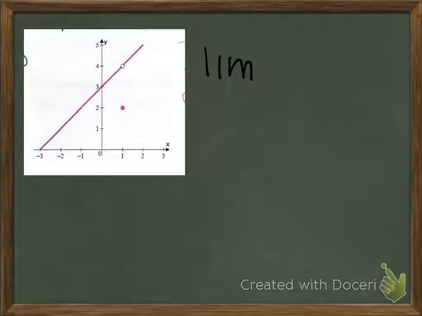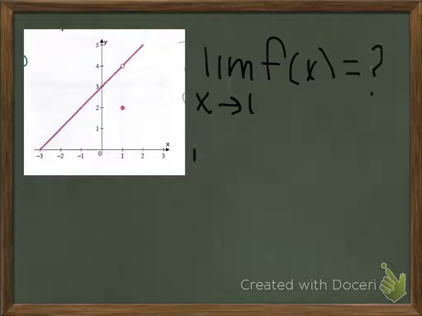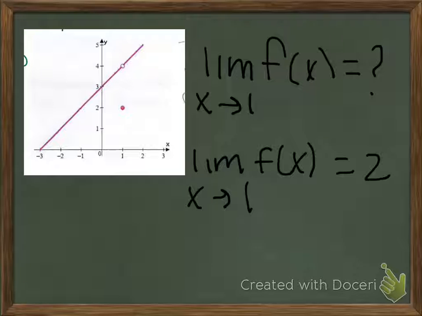So, moving forward, we can look at this graph and we have to determine if it's discontinuous at x equals 1. So, we're going to find the limit of the function as x approaches 1. Looking at the graph, I can conclude that the limit as x approaches 1 is equal to 2.